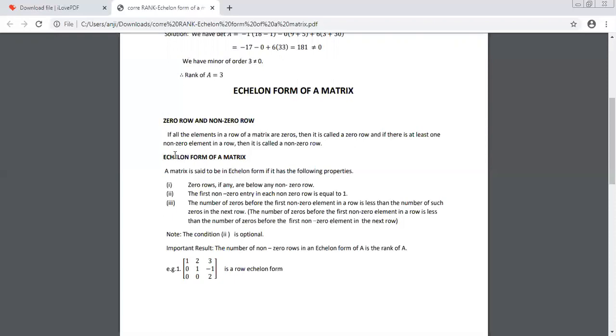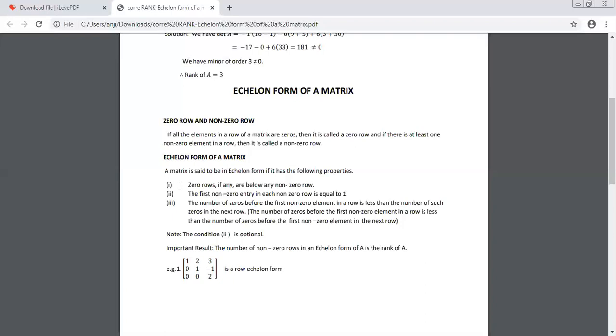Now, the echelon form of a matrix. A matrix is said to be in echelon form if it has the following properties. So, 3 properties or 3 conditions are there. Condition 2 is optional, no need to use that condition.